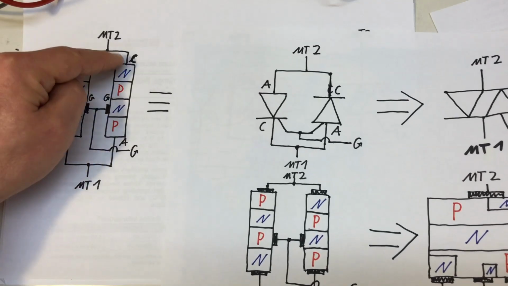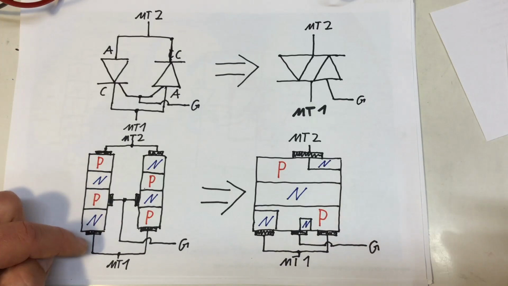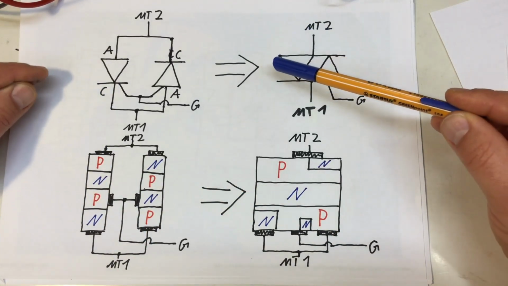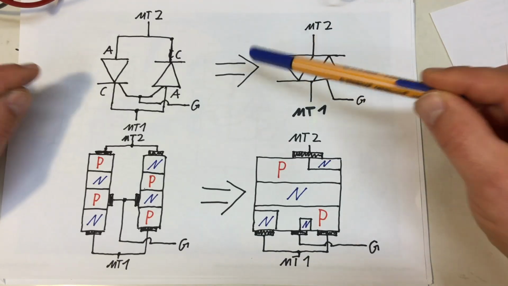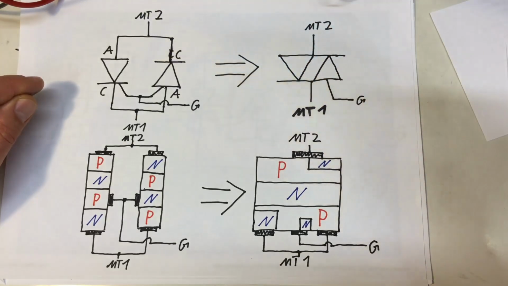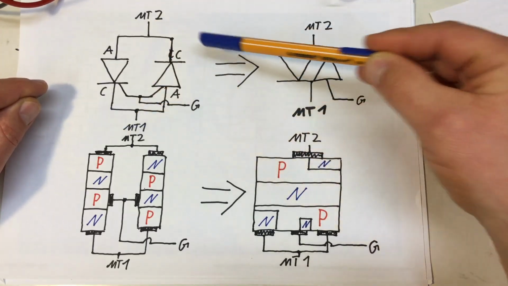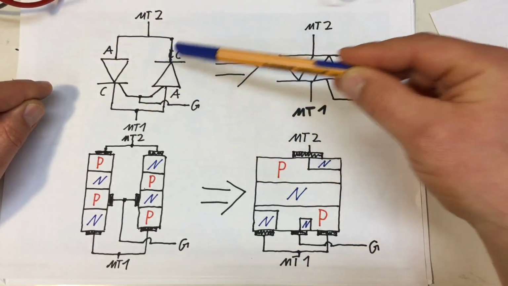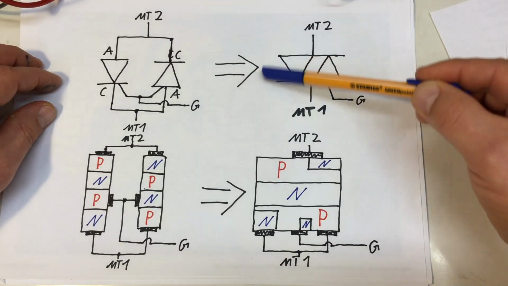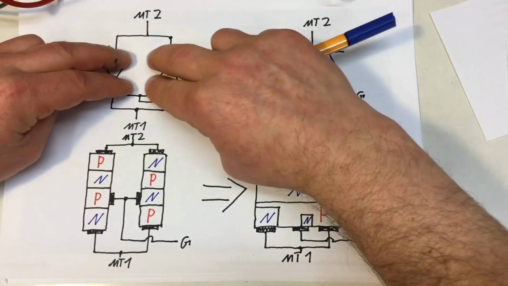And the construction of these 2 SCRs on a semiconductor level. Now in the textbooks they will not state that this is the equivalent circuit of a TRIAC. They will state you can derive the TRIAC from that circuit, or you can derive the symbol of the TRIAC from that by simply pulling your 2 SCRs together.